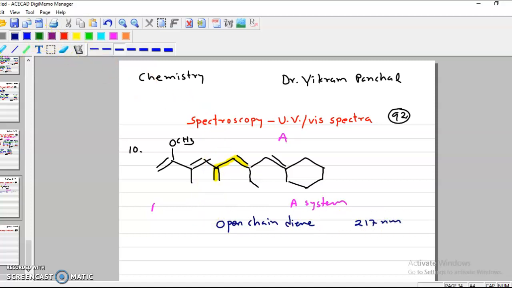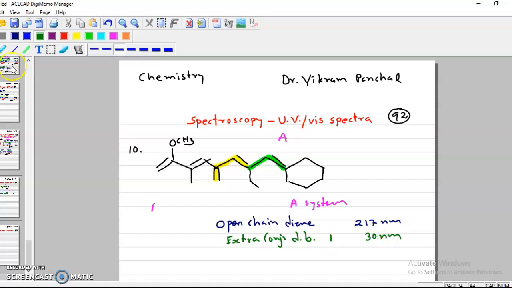Next, extension of double bonds. Can we extend this system? Yes. Why? Because there is one double bond over here. So number of extra conjugated double bonds is 1, and therefore we will add 30 nanometer for this one.